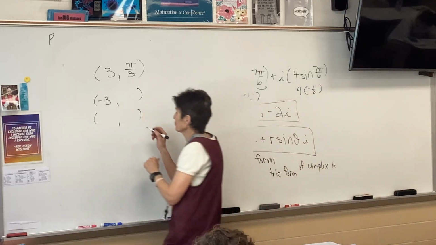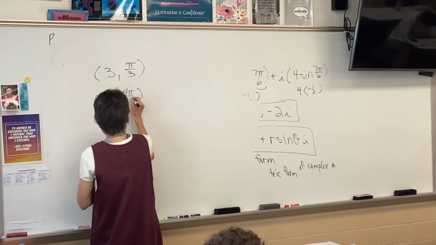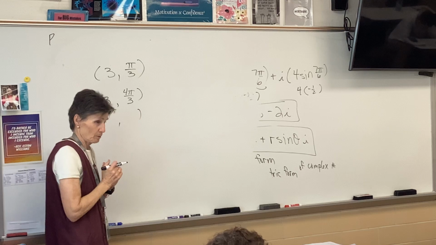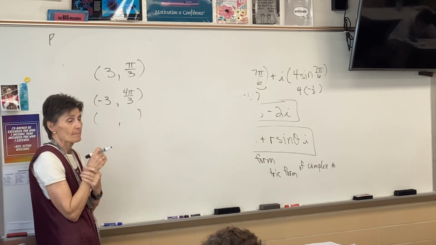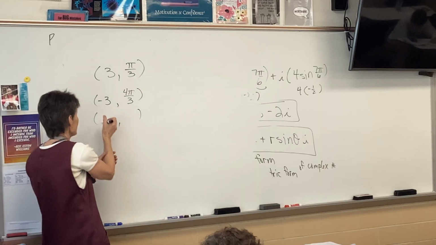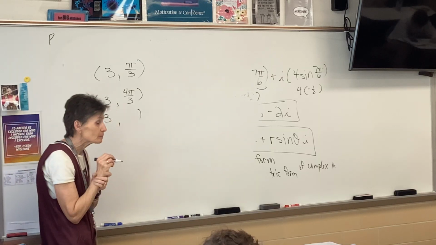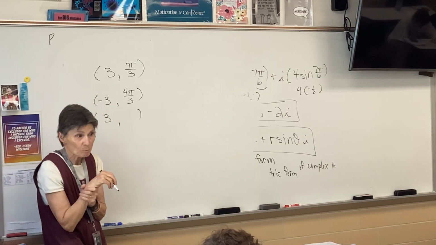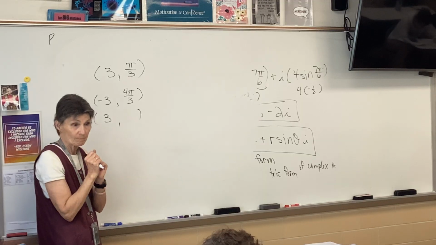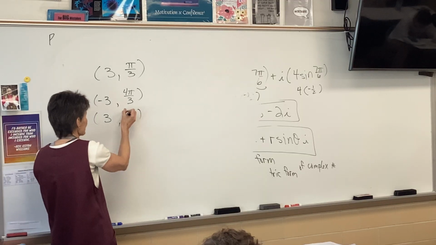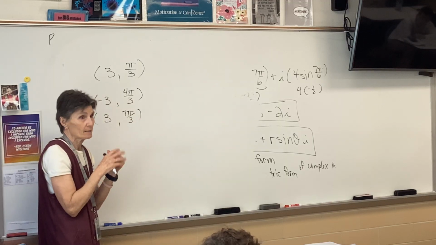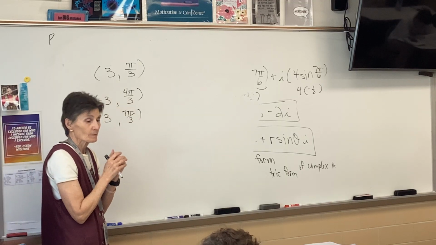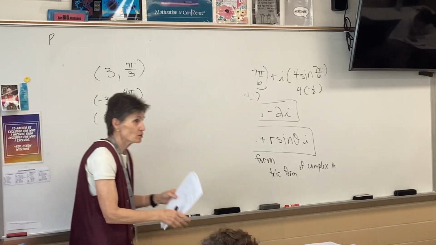So 4 pi over 3. Yes, that would be one option. What's another option? If I want to leave the 3 positive, then I have to change my angle by 2 pi. So if I add 2 pi, what is that, 7 pi over 3? I could also subtract 2 pi, whatever you want. Perfect. Anybody have a question about that?